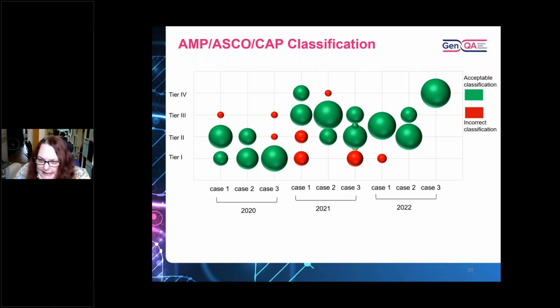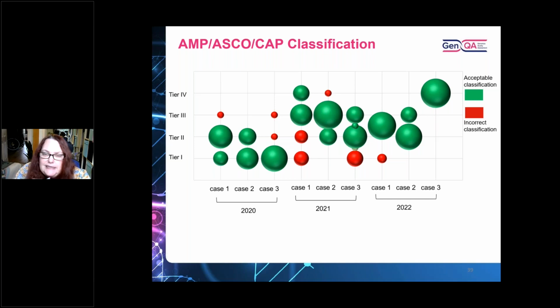Next slide. But because there are all these different guidelines, it does mean that there are still differences in the way that laboratories classify variants. And these are even within labs using the same AMP-ASCO-CAP Lee et al. guidelines about actionability. Looking at the different cases we sent out for the EQA, you can see there was quite a lot of variability in whether they were classified as clinically actionable tier 1 and tier 2 variants, or VUSs and tier 3, or benign variants tier 4.